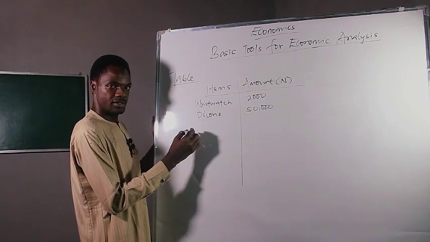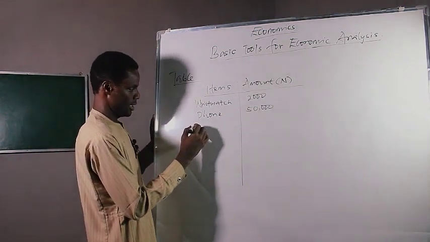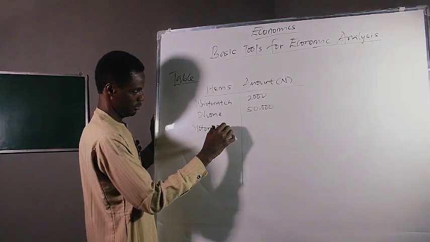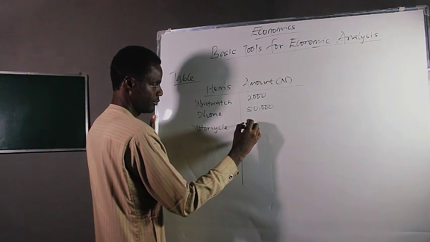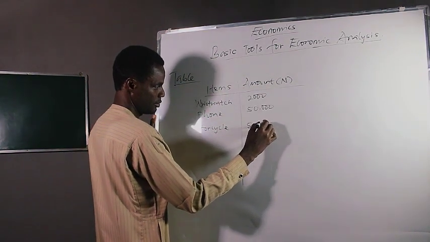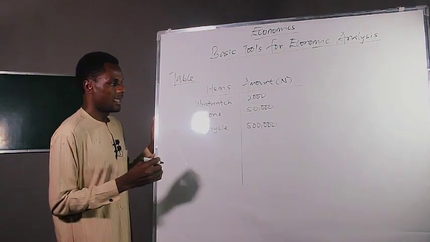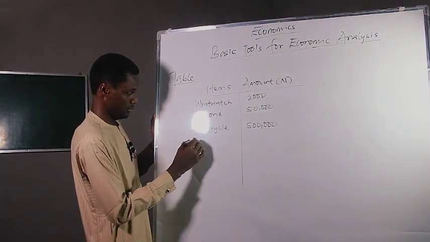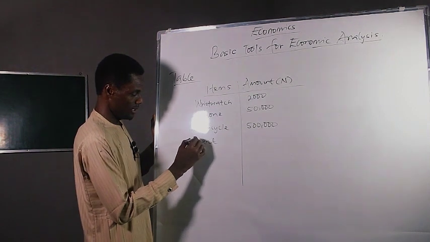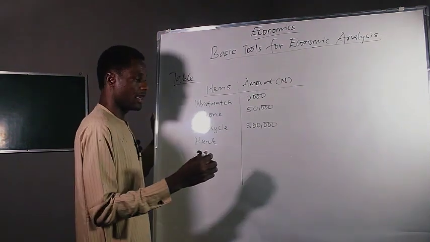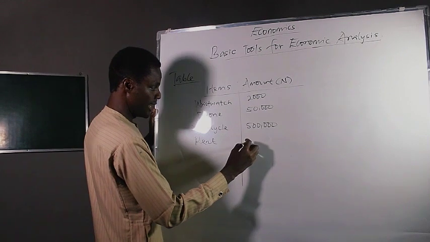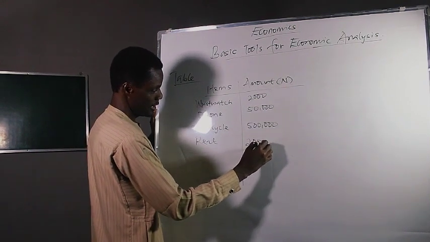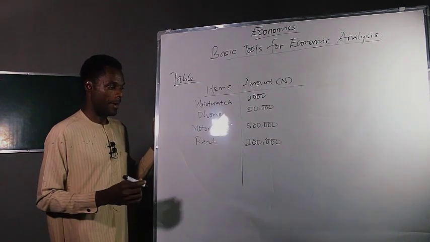He also needs to buy a motorcycle at 500,000 naira. And maybe the person needs to pay for his rent. Maybe the person doesn't have enough money to buy the house, so the rent may amount to 200,000 naira per year.